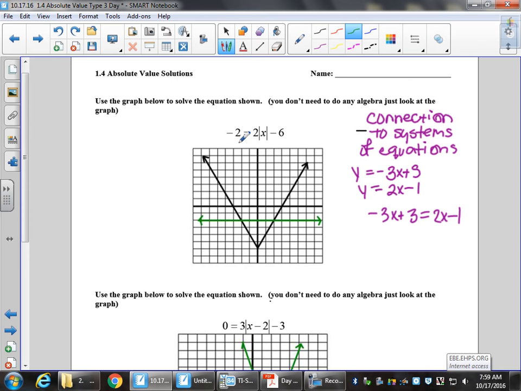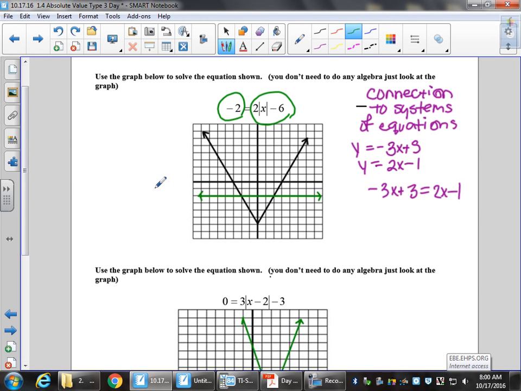This is going to be one equation, and here's my other one. So before we actually try putting this in the graphing calculator, let's look at the graph. Here is the graph of y equals negative 2. Here is the graph of y equals 2 times the absolute value of x minus 6.